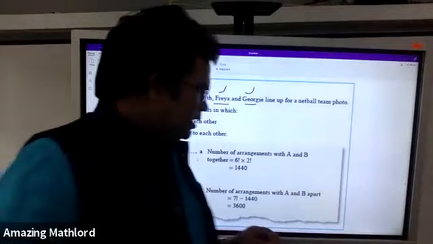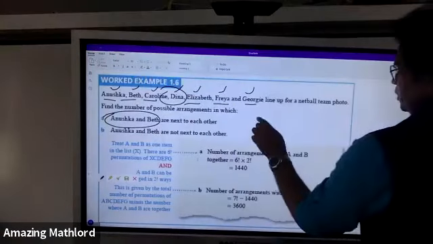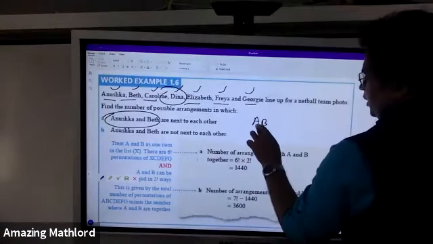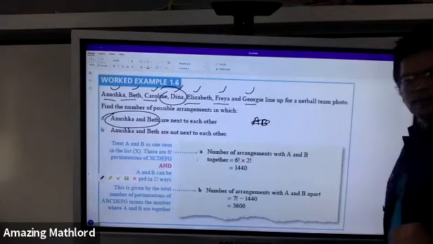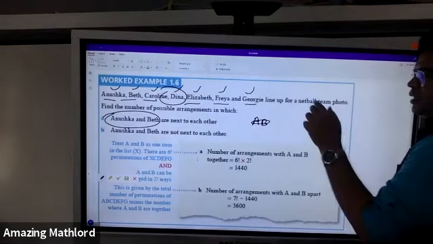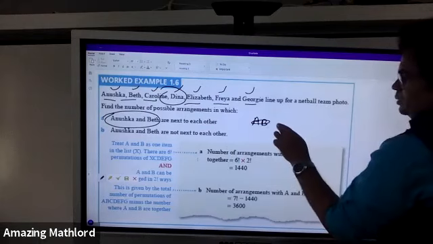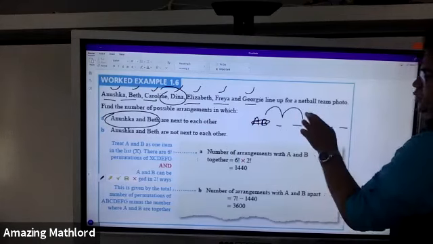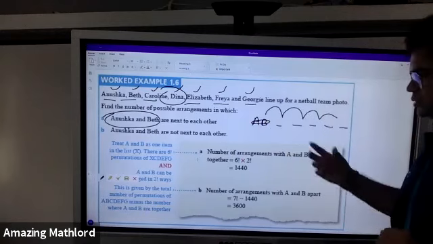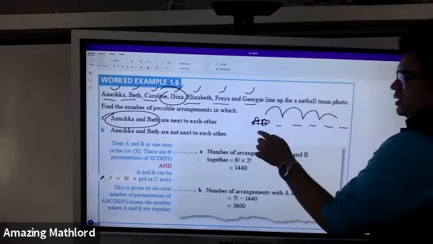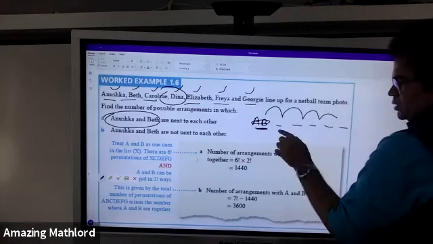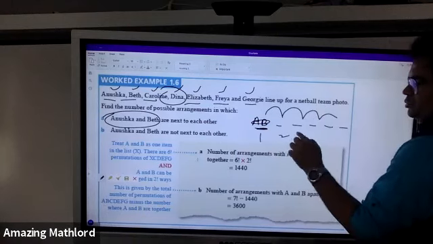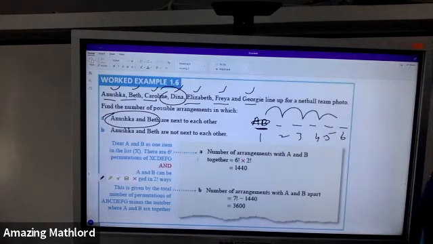It means that if I consider Anushka and Beth like a single object, and the remaining 5 people, they can change their positions. So I can treat them as a single object, so 1, 2, 3, 4, 5, and 6.